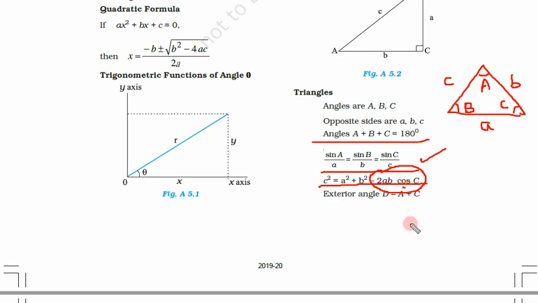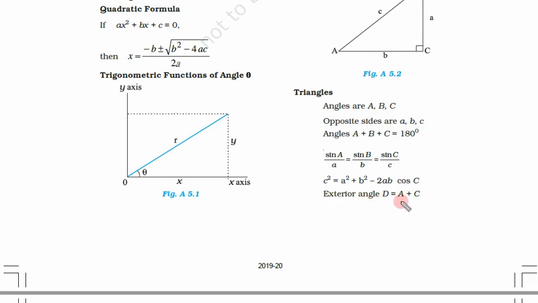Because here you have cos, and this angle is 90 degrees, and cos 90 is equal to 0. So this term goes to 0, and then it becomes the complete Pythagoras theorem, c square is equal to a square plus b square. If angle C becomes 90 degrees, this term becomes 0, so this is the same as Pythagoras theorem.